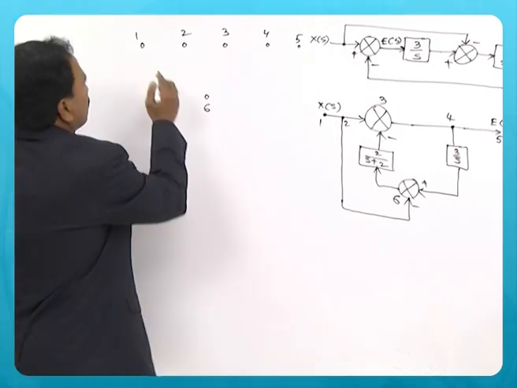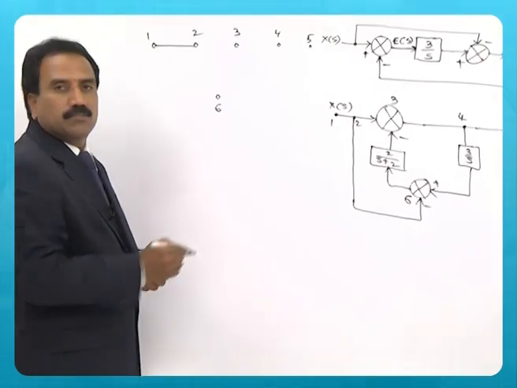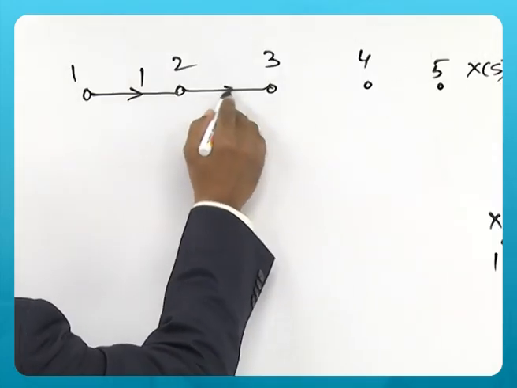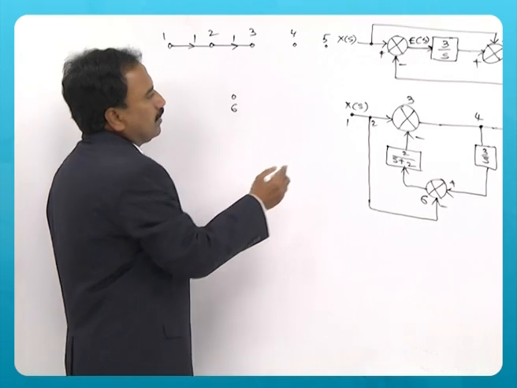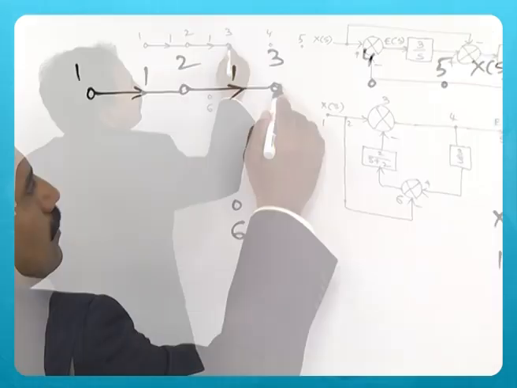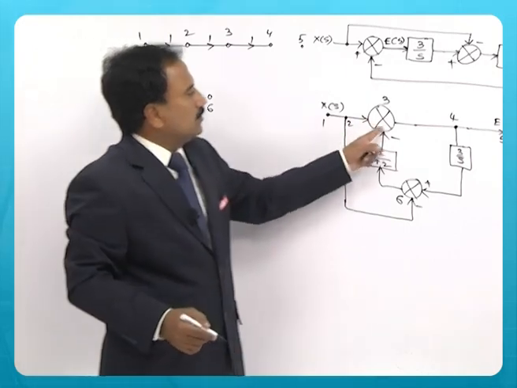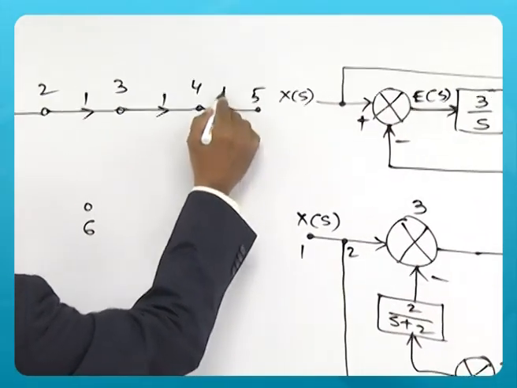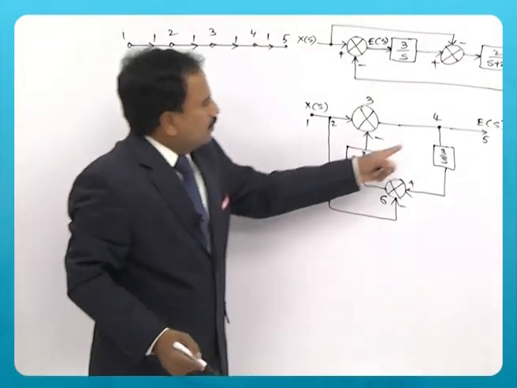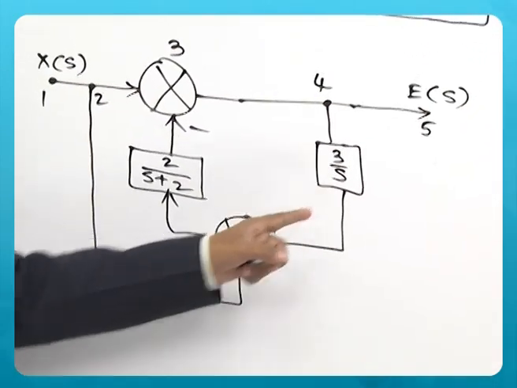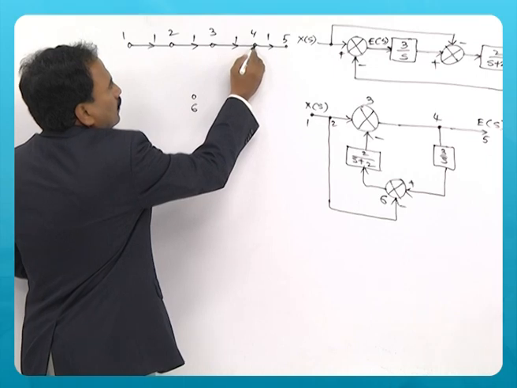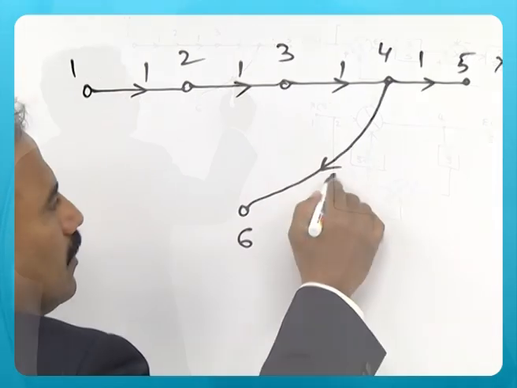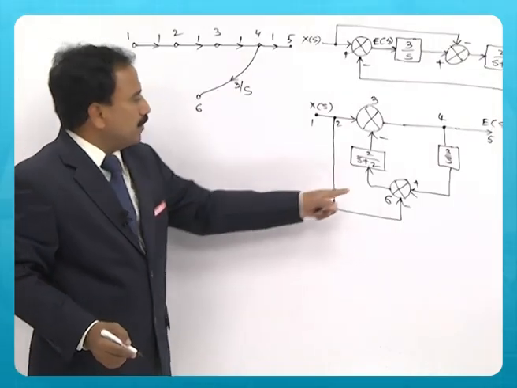1 and 2 are joined, no block in between, whose gain is 1, and between 2 and 3 no block, again gain is 1, between 3 and 4 also no block, so the gain is 1, and between 4 and 5 again it is 1. Now between 4 and 6 there is a block 3 by s. So there is a path, and this gain is given by 3 by s with positive sign.